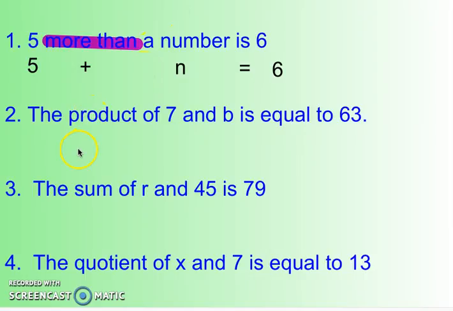How about the next one? Let's see if we can do it without having to record all the different operations and stuff. Let's see if we can just go straight through. So it says the product. What's product mean? Oh, answer.